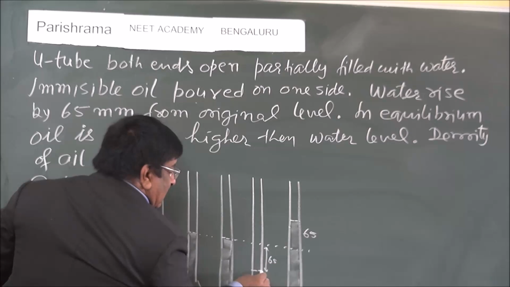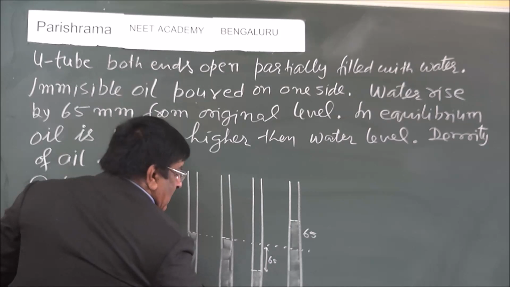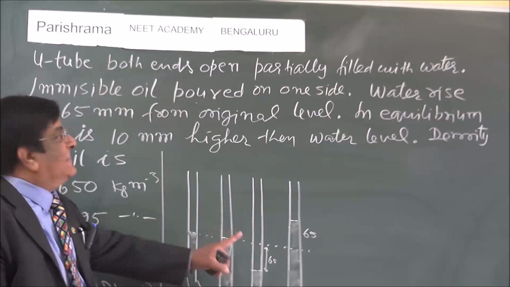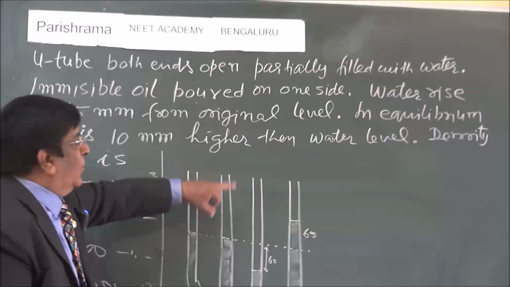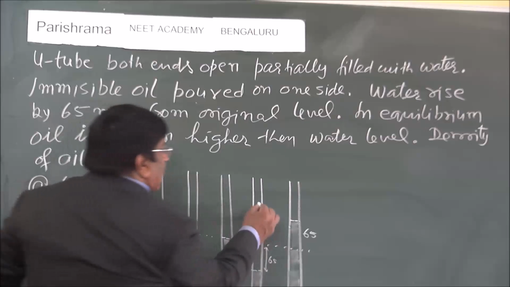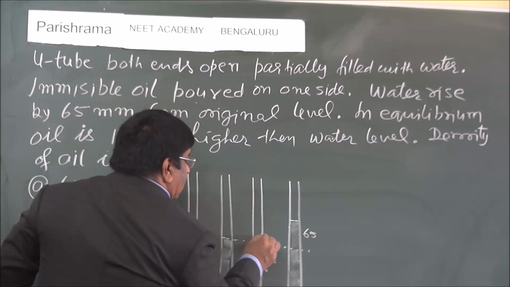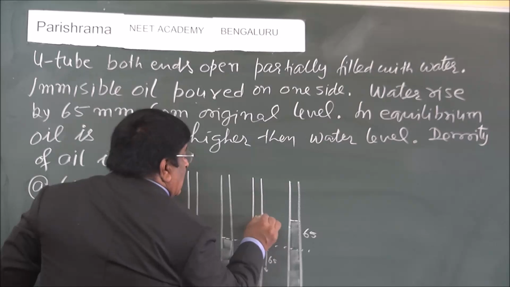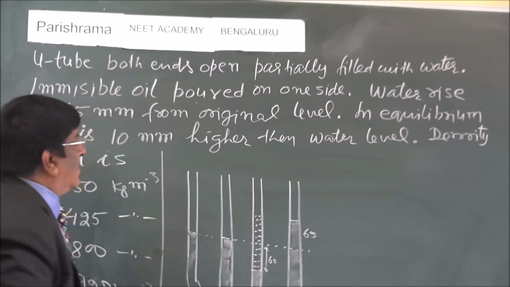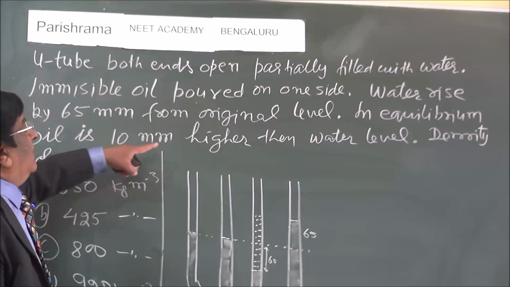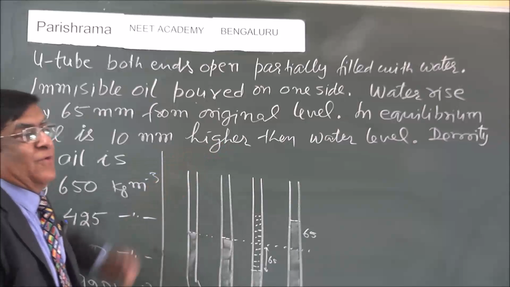And here is the water. This is the water level. Why has it happened? Because oil is poured on this side and here is oil. What is the level of oil? In equilibrium, the oil is 10 millimeter higher than the water level.